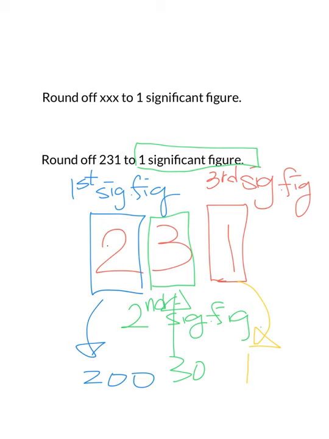So which one has the most power to represent 231? It seems that it should be 200, isn't it? So if you can only use one number of these three to represent 231, we think that 2 is the best number.